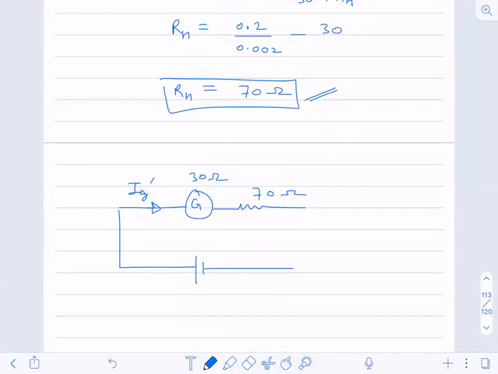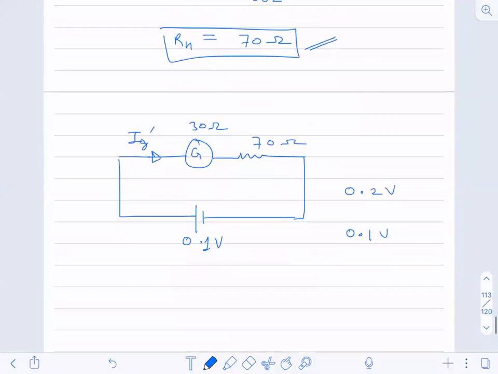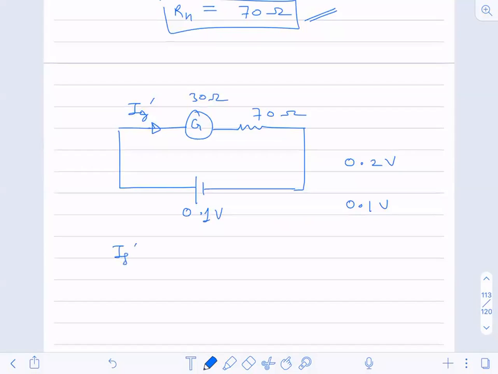And now instead of using 0.2 volt, I am using 0.1 volt. Now you tell me what is the value of Ig dash.